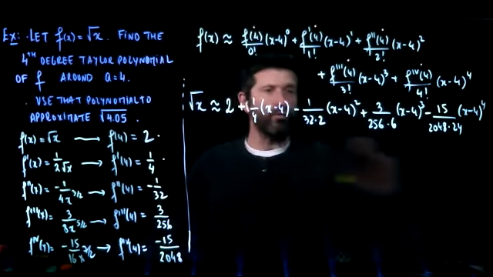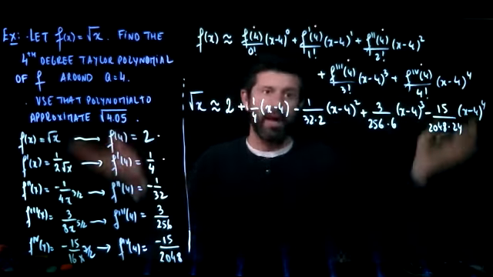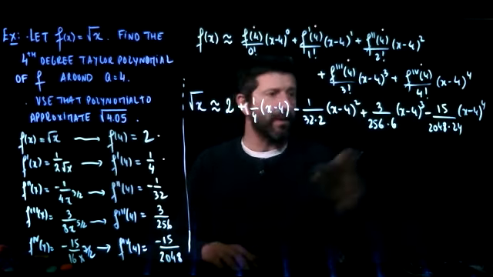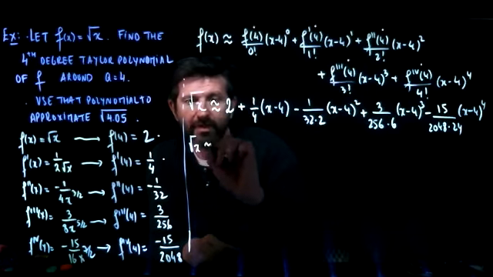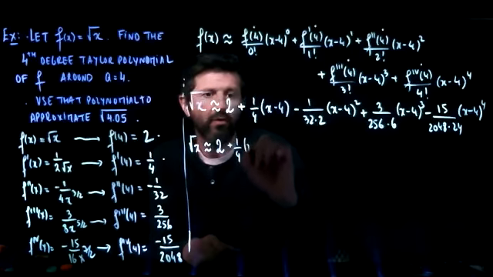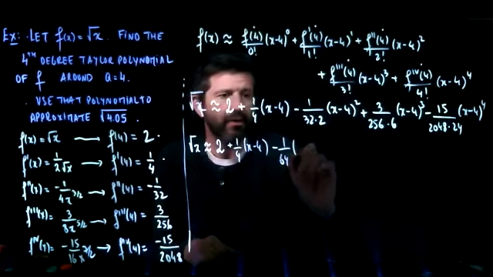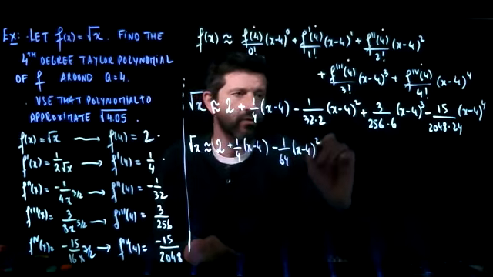And that's my polynomial. Okay, it's a 4th degree polynomial. I could expand, I could do whatever I want, but I'm just going to simplify the coefficients at least so that I could see a bit clearer. So the square root of x is approximately equal to 2 plus 1/4 times x minus 4, minus 1 over 64 times x minus 4 squared.